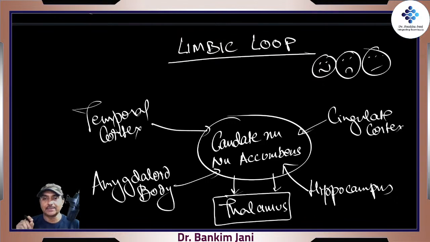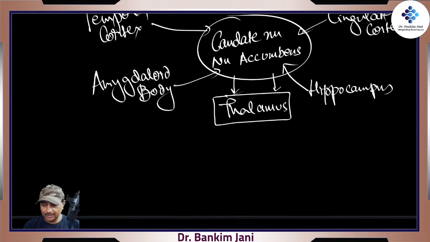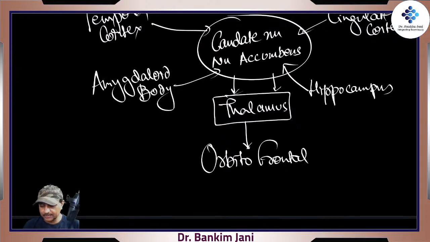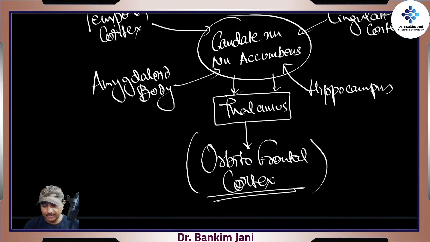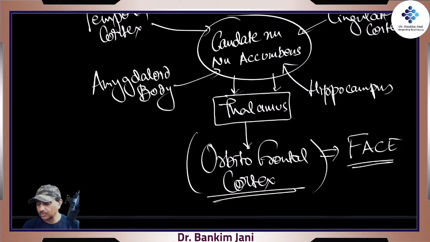And it is this thalamus which will then go all the way to the orbitofrontal cortex, right? And from there it starts, because this is the area where the face is represented. Every part, every muscle of the face has huge innervation, right?